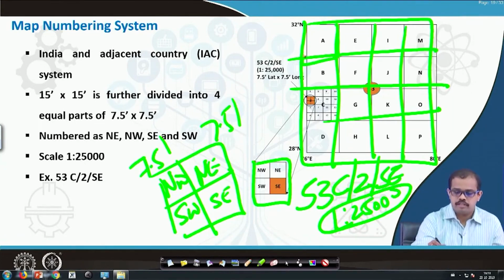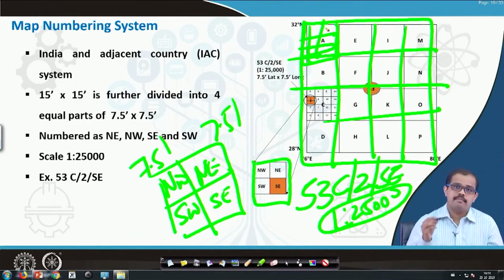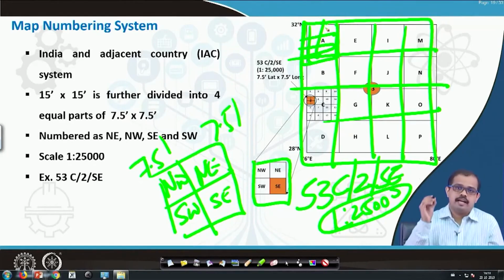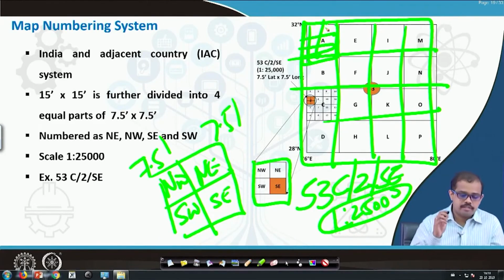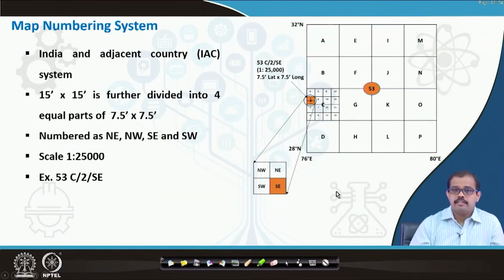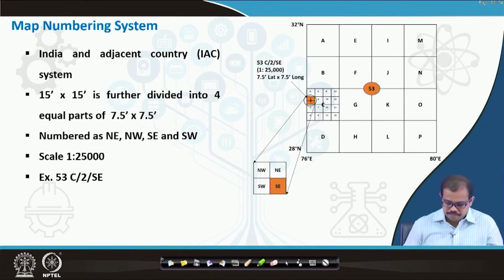Each box here is again divided into 16 boxes represented by numbers, and each number is then divided into 4 boxes of 7.5 minutes by 7.5 minutes, representing northeast, northwest, southeast and southwest, which is representing 1 is to 25,000 units on the ground. So this is how your map numbering system for India and adjacent countries is done. I hope everyone has understood how you number a particular map.